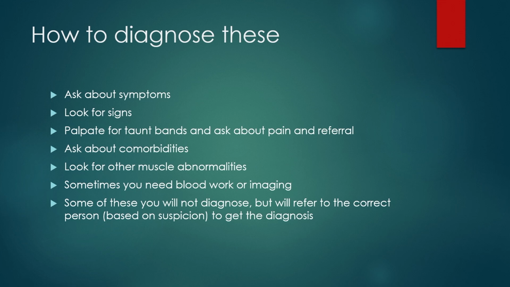So basically, the diagnosis of muscle disorders is you're asking about symptoms, you're looking for signs, like taut bands. If you're looking for bruxism, you're looking for wear facets, you're looking for fremitus or mobility. You're asking about comorbidities, because that may actually lead you in a direction that's a little bit different than what you would have originally thought.